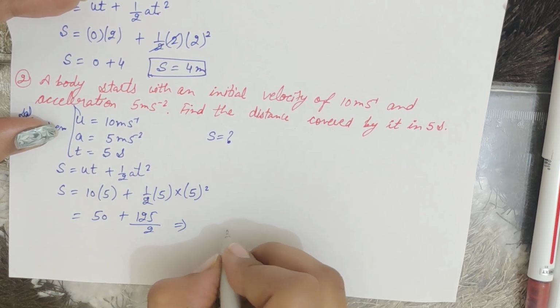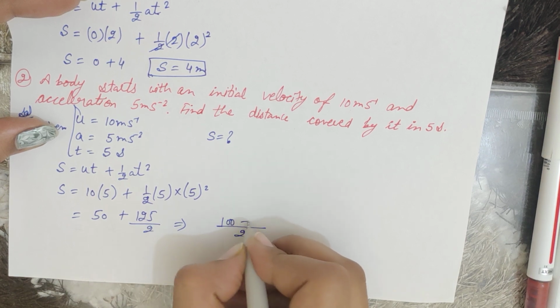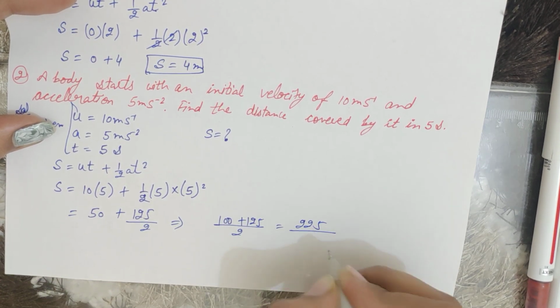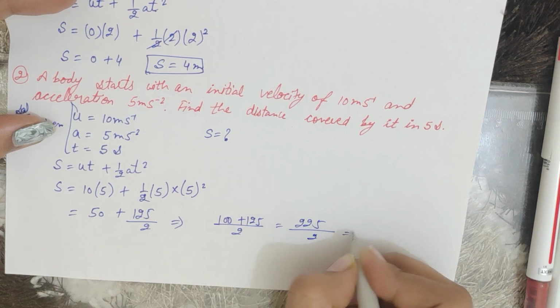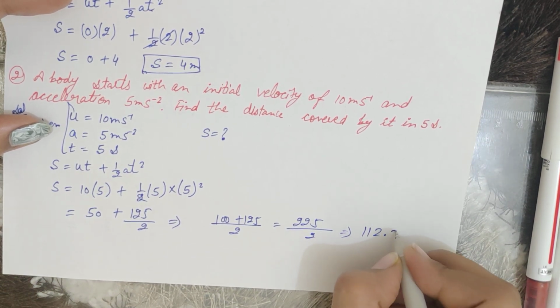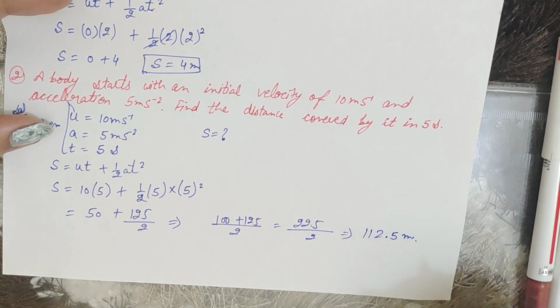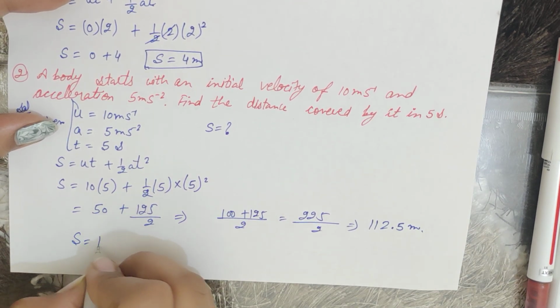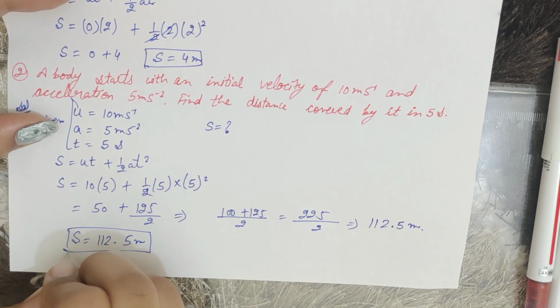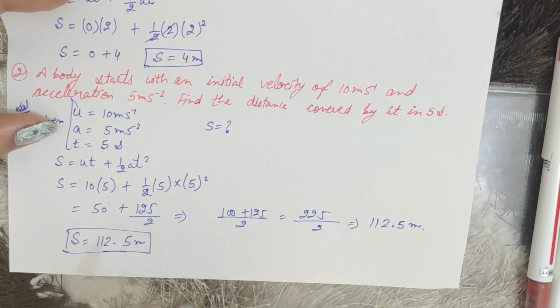You need to take LCM here. After taking LCM, this is the value which I am getting, and this is equals to 112.5 meter. So S is equals to 112.5 meter for the second numerical. This is your answer. Let's do the third one now.